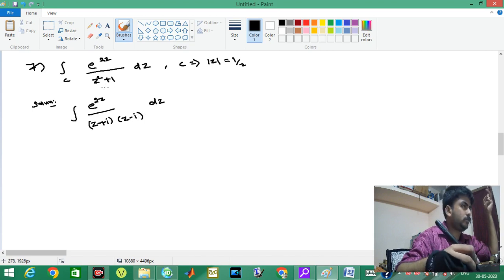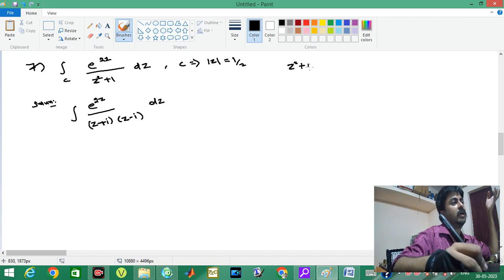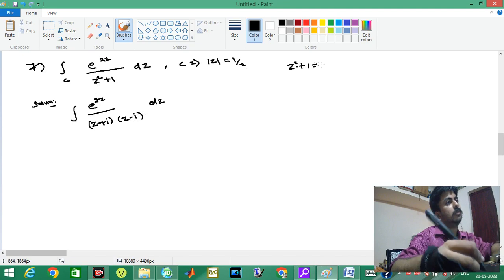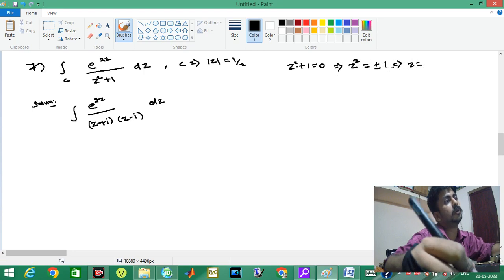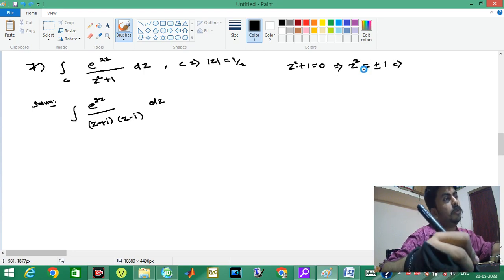When z square plus 1 equals 0, we can simply take z square plus 1 equal to 0. It implies z square equal to minus 1.